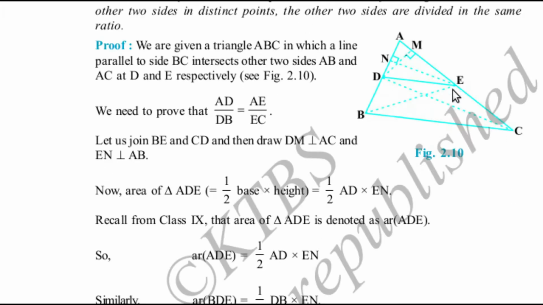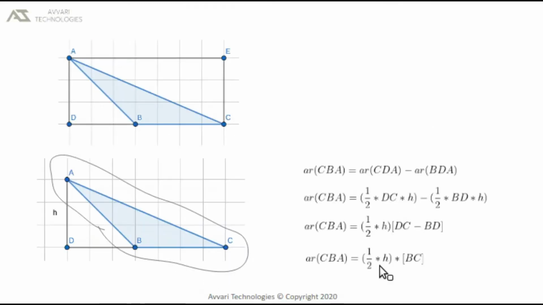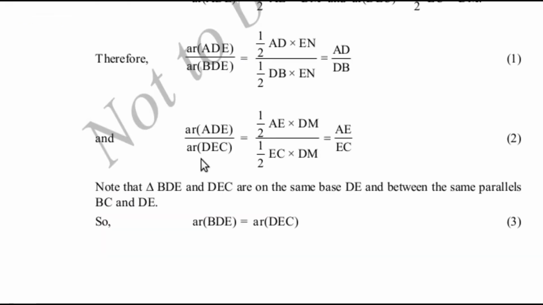The area of triangle DEC is half into base, that is CE, into the maximum height, that is DM. We are following the same principle that we discussed earlier for finding the area of an obtuse angled triangle. Now we will cancel out the terms 1 by 2 into DM in both numerator and denominator, since they have the same value. Now we are left with AE divided by AC.